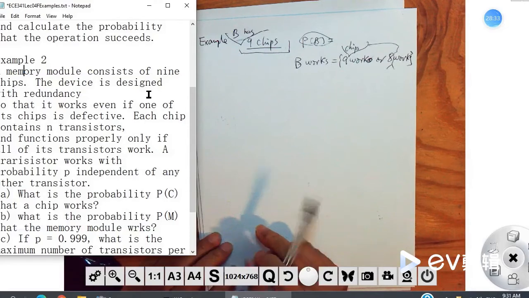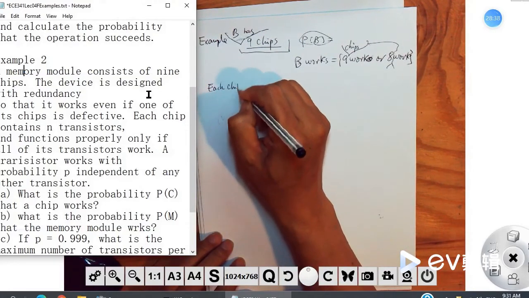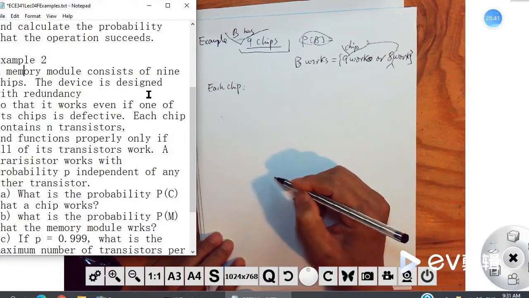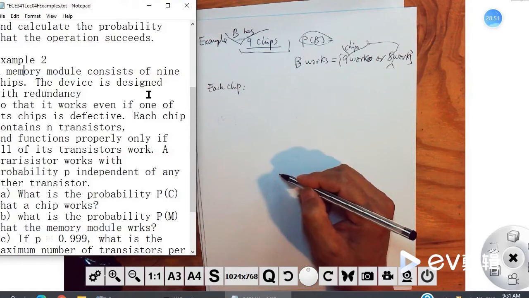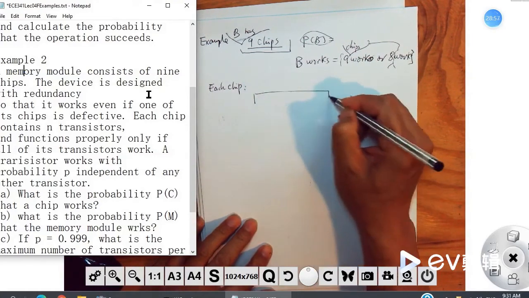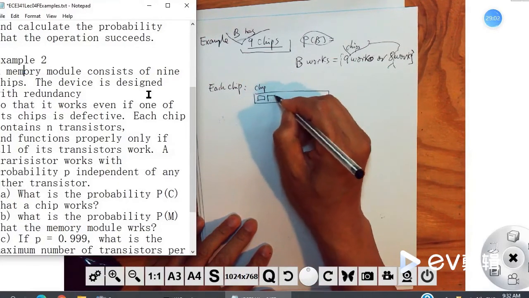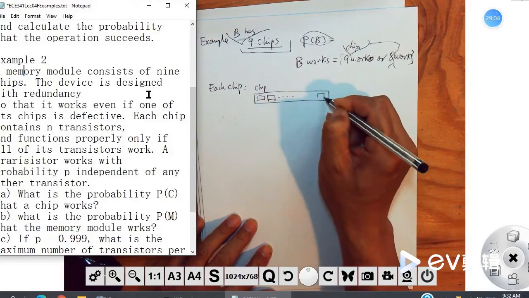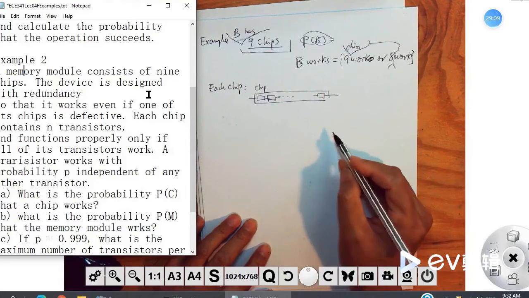Okay, and each chip contains n transistors and functions properly only if all of its transistors work. All of them work. So this is the chip, and it contains n pieces connected in parallel, right?